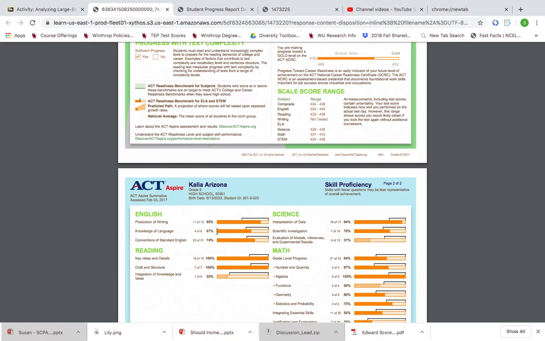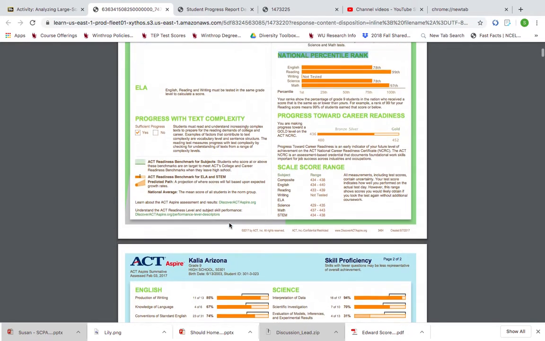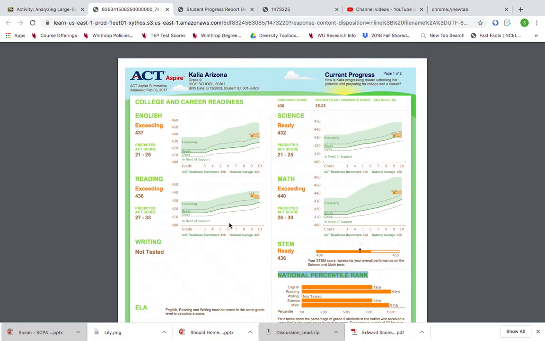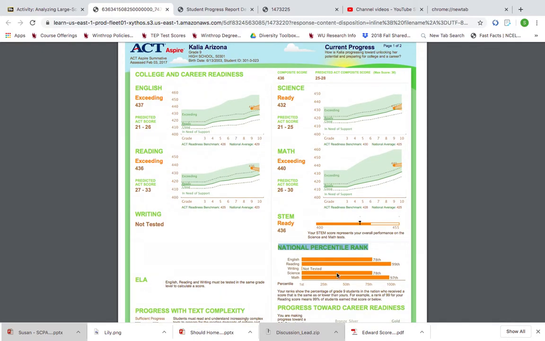Whenever we have a percent, like 85%, that tells me it's criterion referenced. So what percentage of the items did she answer correctly? Okay, so overall, Kalia is doing pretty well. She's doing a lot exceeding, and where she's not exceeding, she's ready. And you'll see that she's got some pretty high national percentiles as well.